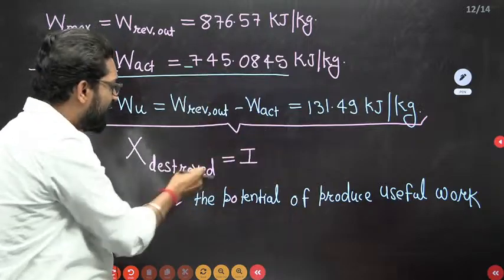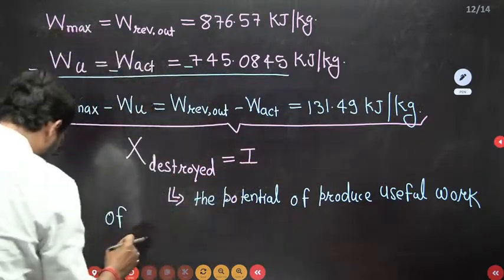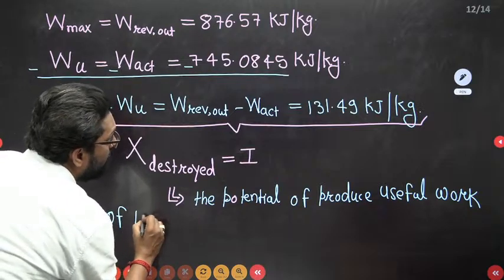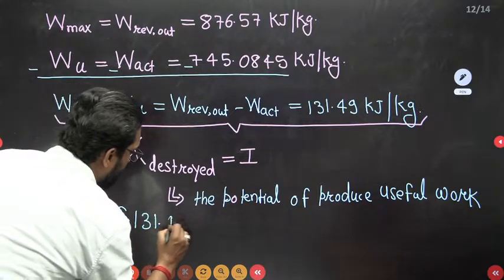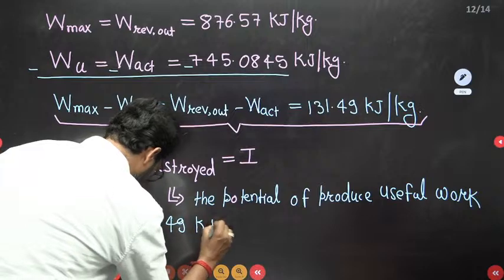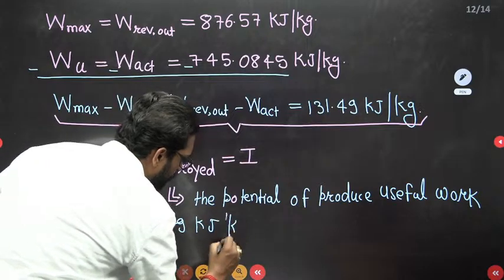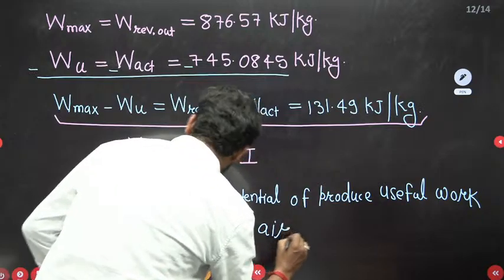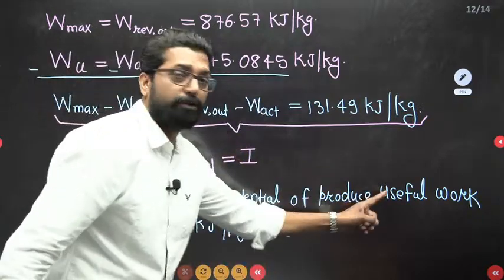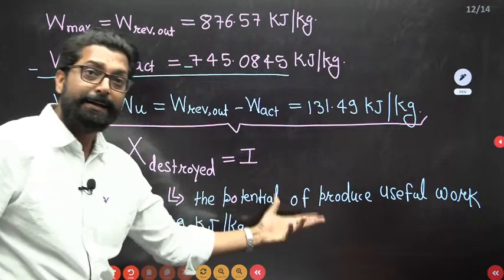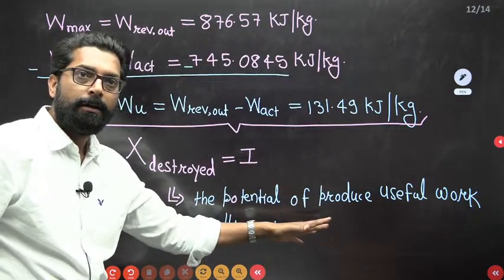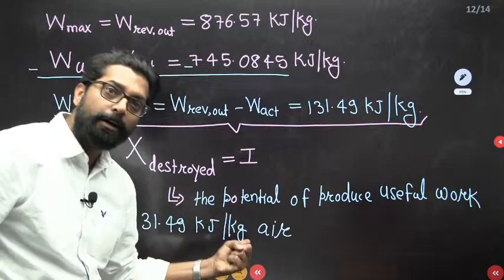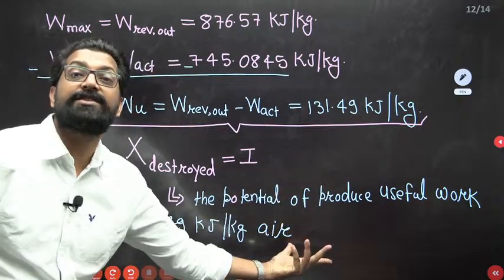Why? Because there is a destroyed irreversibility of 131.49 kilojoule per kg of air. That means this is the potential to produce, but it is not obtainable. This can be obtained, but it is not obtained, that is your wastage.